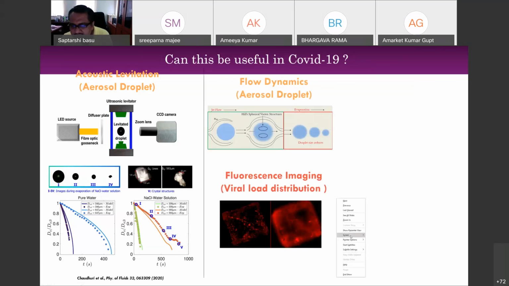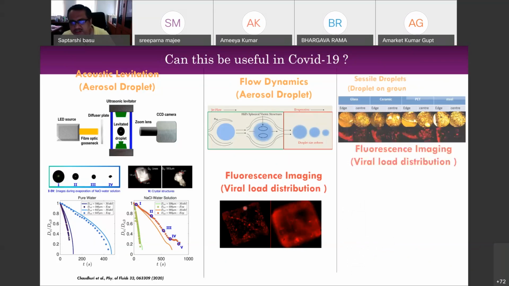As you can see, these crystals actually show that all the viral load is embedded within the crystal. Okay, so that means when ultimate desiccation actually happens, all the viruses are self-contained within a crystal blob. And this crystal size is roughly 20% of the size of the initial droplet from which it is created.